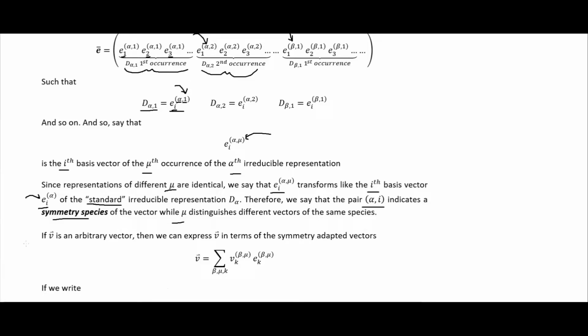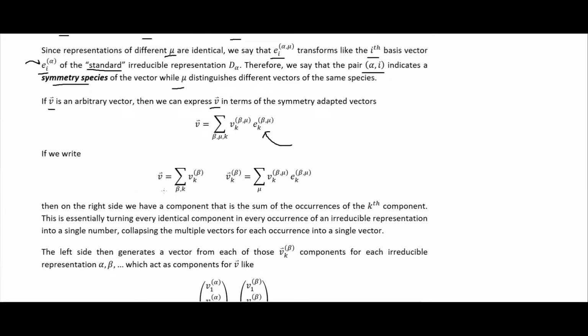If v is an arbitrary vector, we can express v in terms of the symmetry adapted vectors. We have this symmetry adapted basis here, and if we write it this way, then on the right side we have a component that is the sum of the occurrences of the kth component.